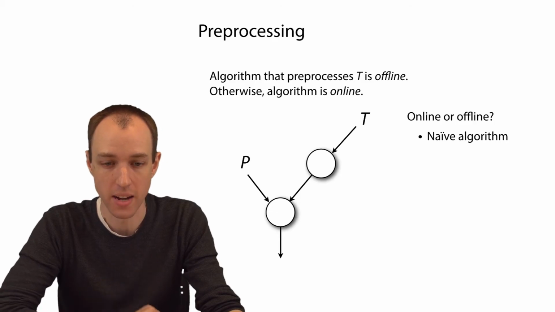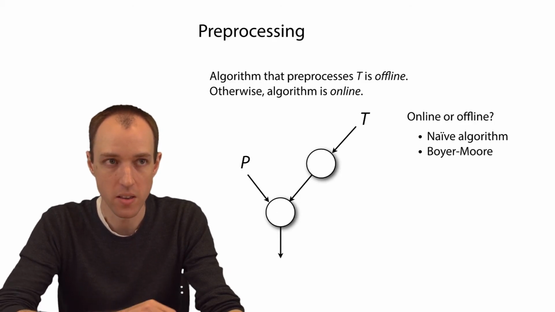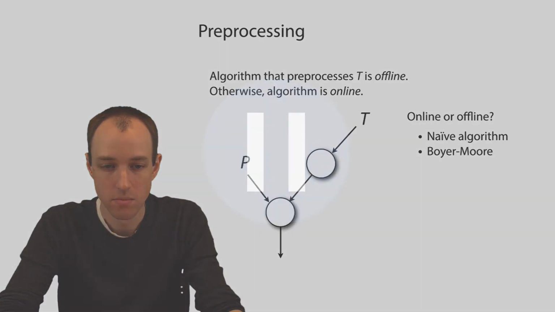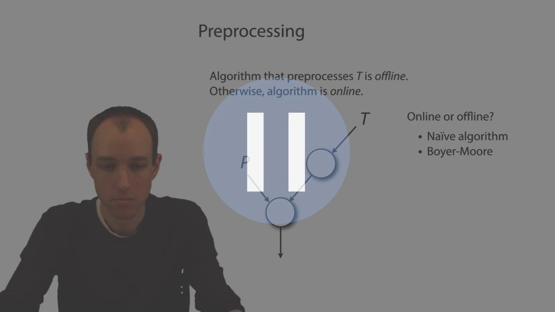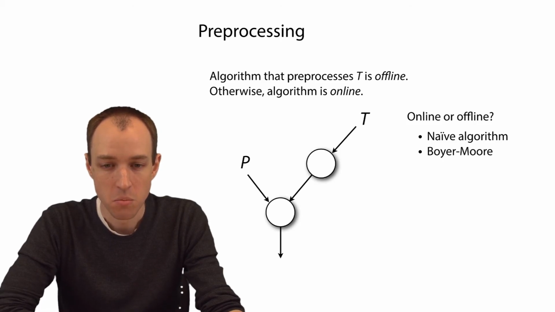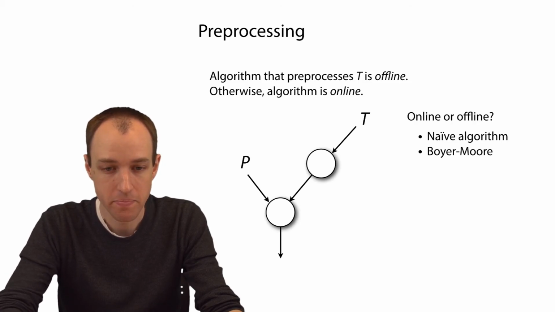So it's an online algorithm. Okay, second question. Is the Boyer-Moore algorithm online or offline? It's online. Boyer-Moore does require some pre-processing, but it pre-processes only the pattern P, so it's online.